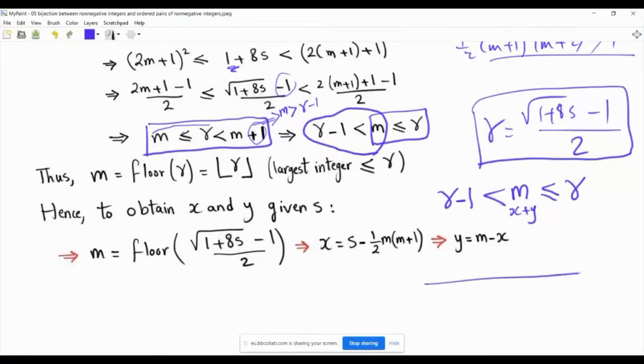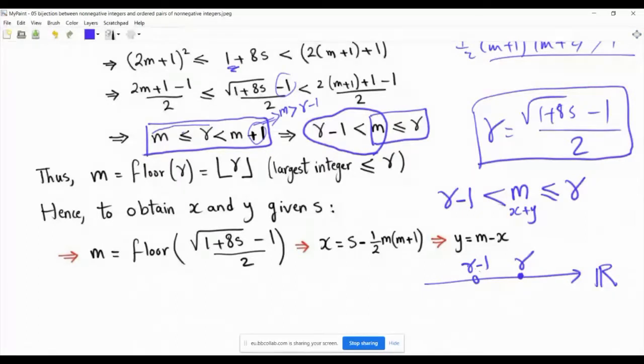So this is the real axis. I give you some number gamma. Here it is gamma, and here it is gamma minus 1. And M is an integer, in our case a non-negative integer, that lives between gamma minus 1 and gamma.